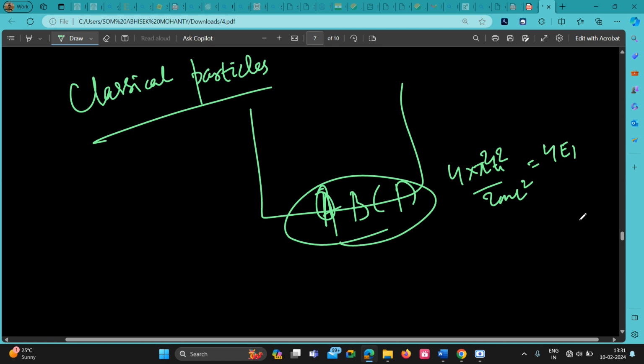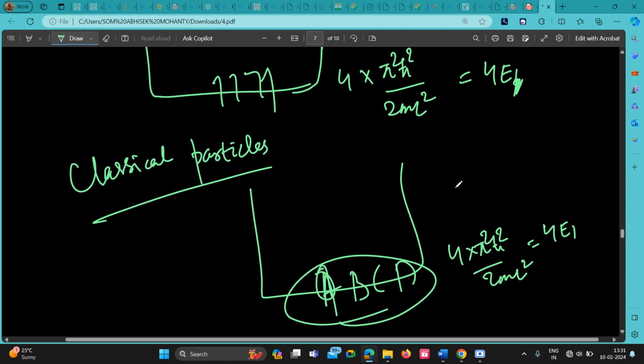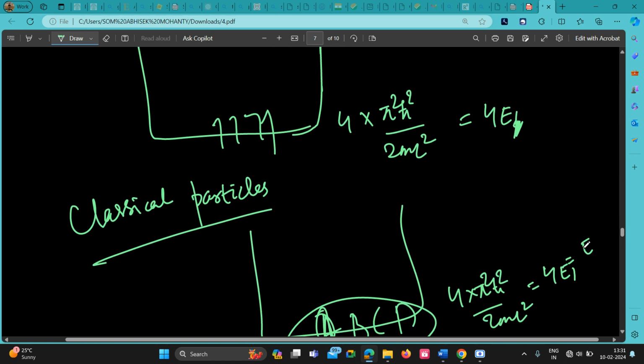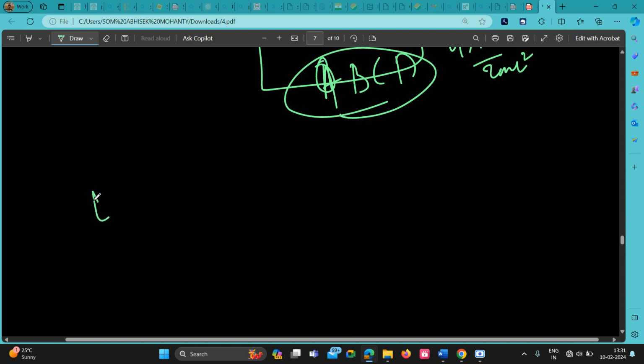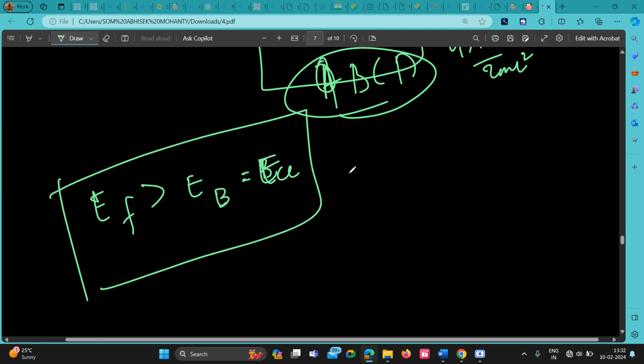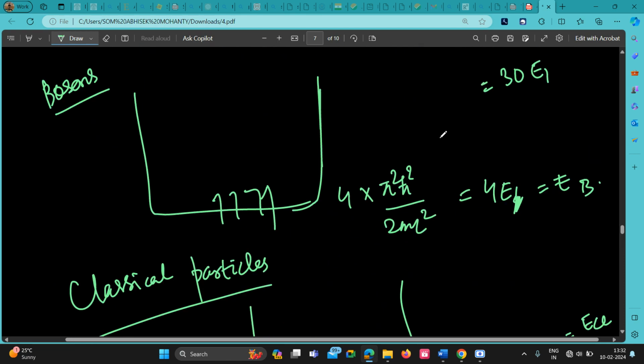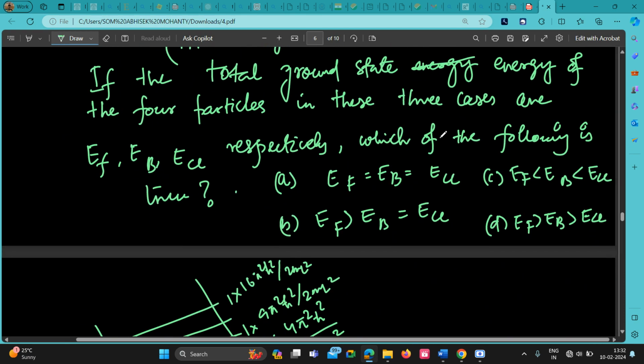So 4E1 is ECl, the classical energy, and this is E boson. So actually E fermion is greater than E boson, which is equal to E classical. I hope you understood this one. So which option is coming? Option B. Okay, very good.